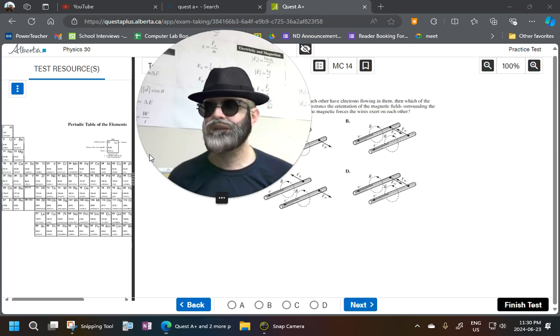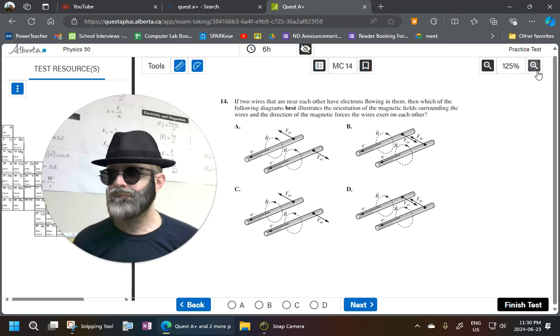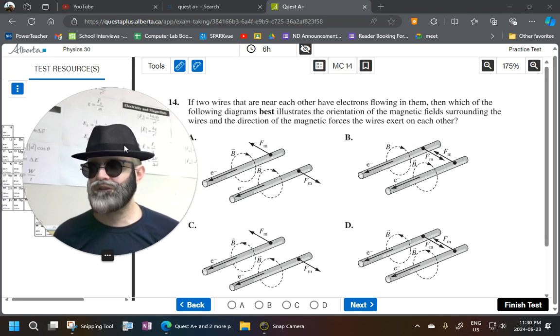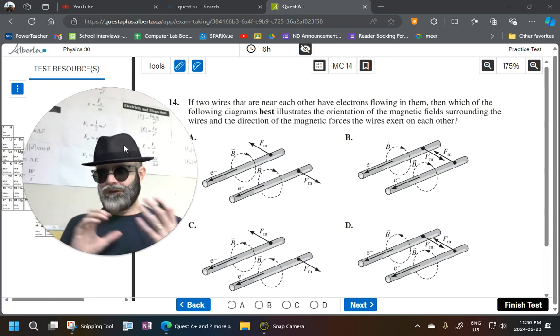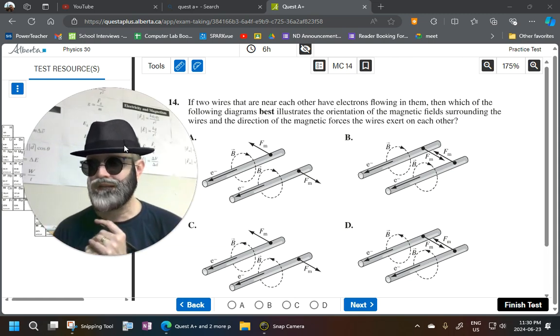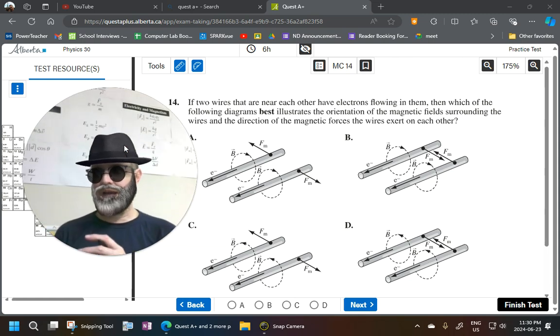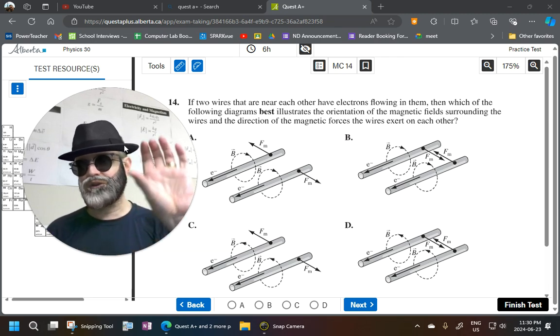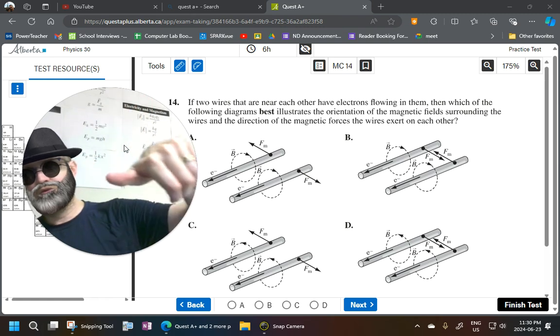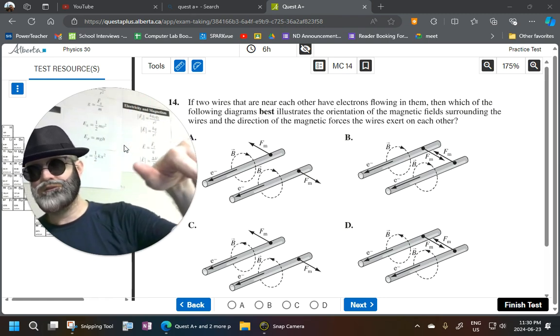Weird. Okay. Oh, I like this one. Two wires are near each other. Which one is the correct one based on the current flowing in the same direction? So the first part is just your hand rule. These are electron flows, so use your hand rule, put your thumb in the correct direction, and then wrap your hand around.